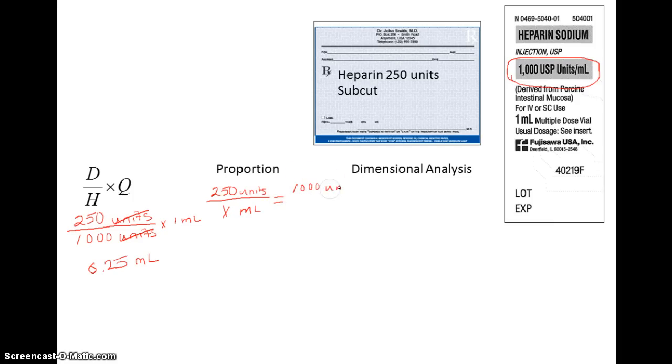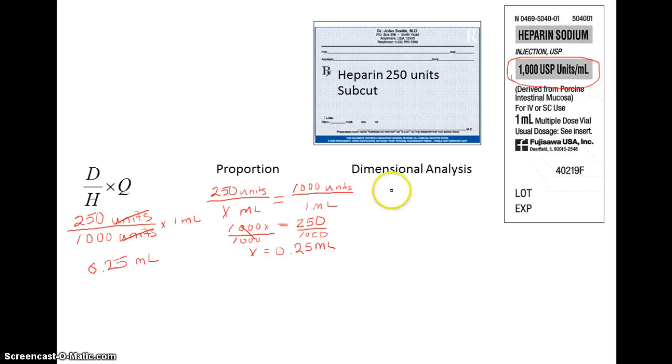I'm matching up the labels, so that's why this is on the top of my fraction, and that's in 1 milliliter. Again, I cross multiply, so 1,000x is equal to 250. I want to isolate the x, so divide by 1,000 on both sides, and again x is 0.25 mLs.